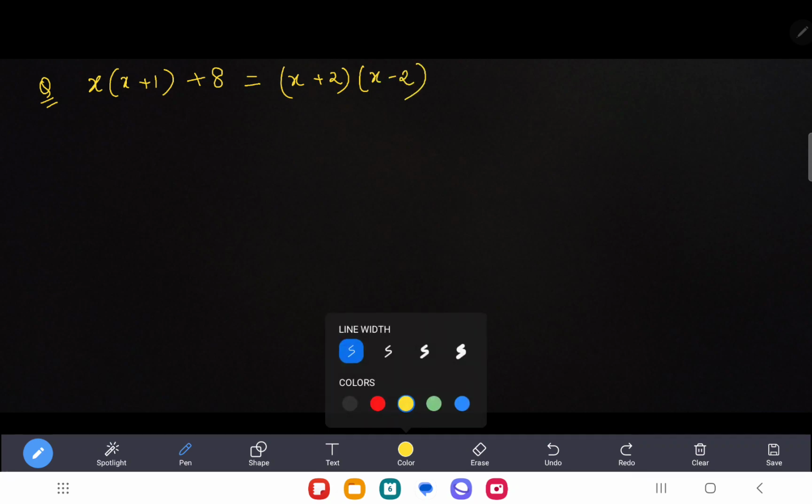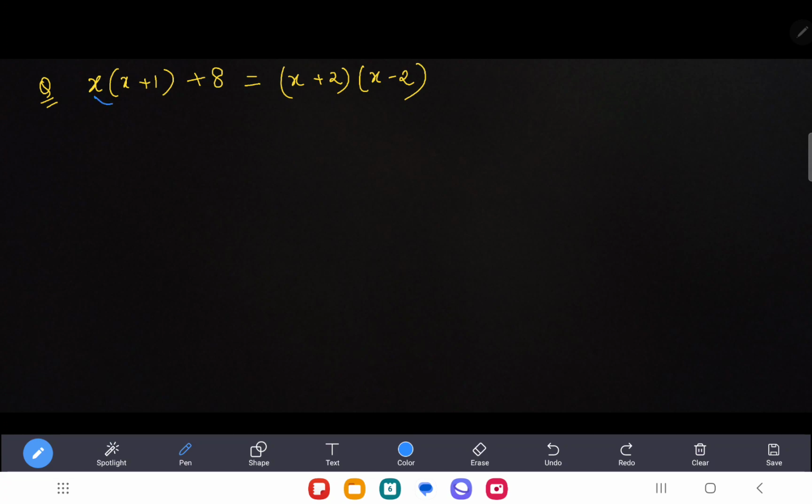So, for example, if I have this, the question that you have to check here, whether it is a quadratic equation or not, is x into x plus 1 plus 8 shall be x plus 2 into x minus 2. So, what are we supposed to do? Just tell me.